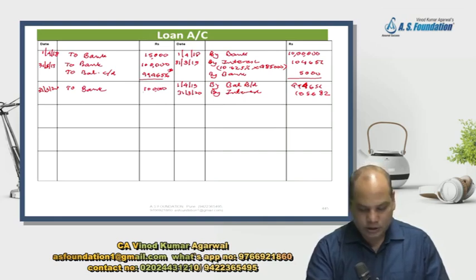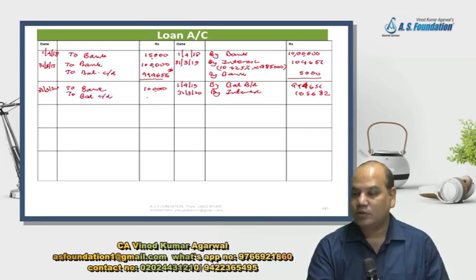Do we have any other transaction in this year? No. When was that credit re-verification fees? Next year. Okay, next year. So balance carried down, 10 lakh 00338.